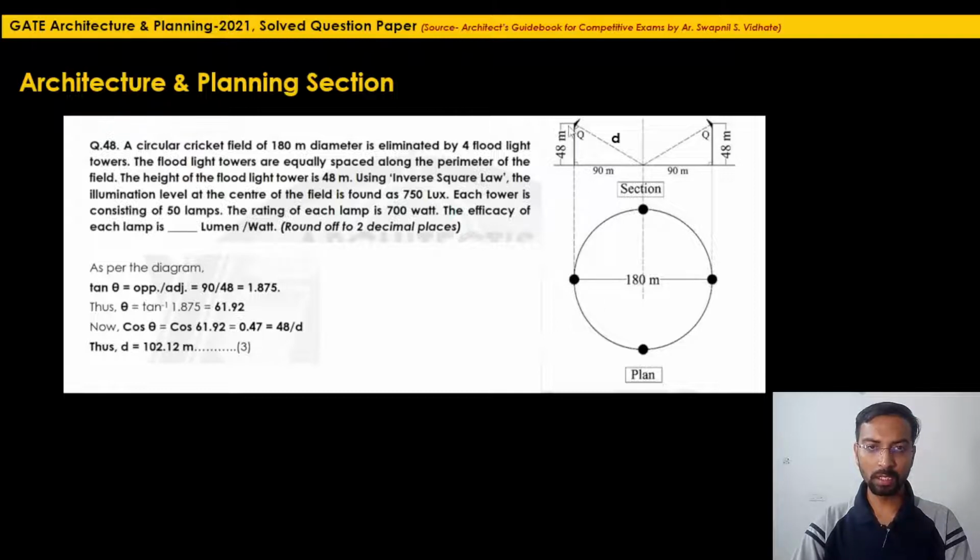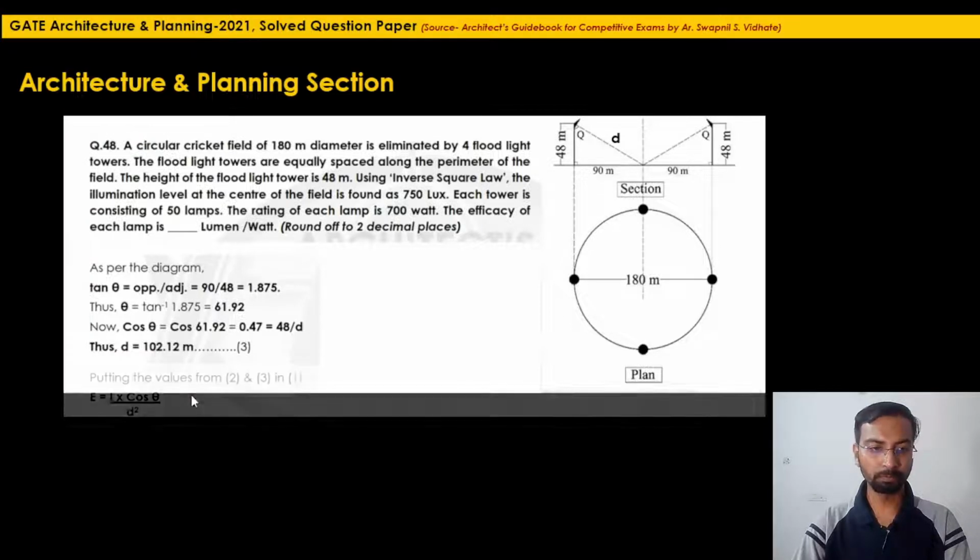Here 48 is the adjacent, in meters, and the hypotenuse will be D. So from this figure we do the cross multiplication. D equals 48 divided by 0.47. So the value of D will be 102.12. So the distance between the light source and the center of the field is 102.12 meter.